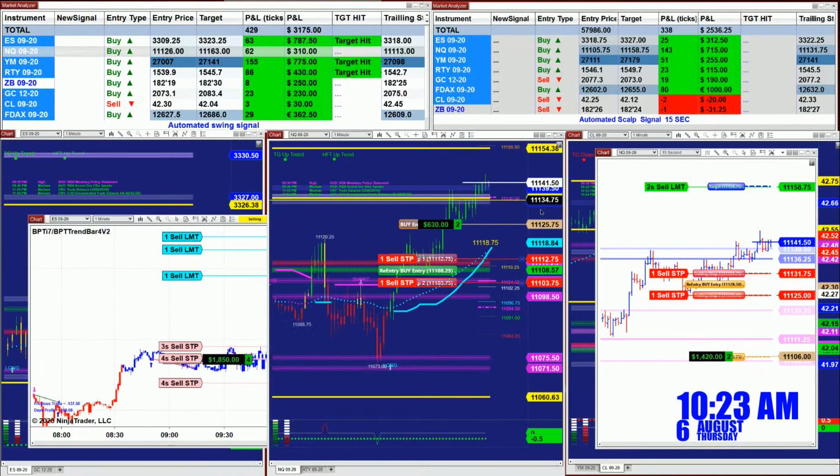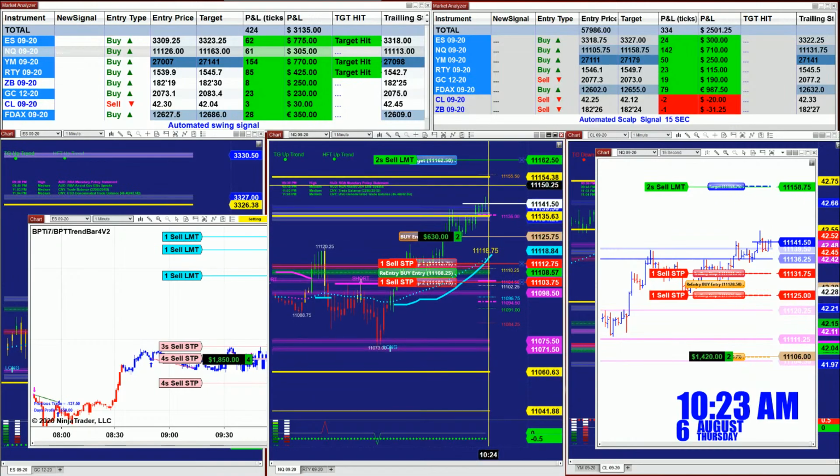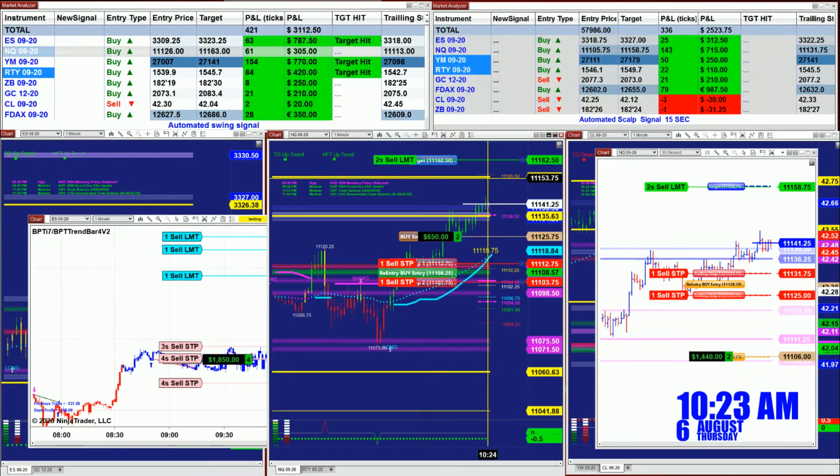This is the NASDAQ swing trading, and it's going to try to go to the 1153.